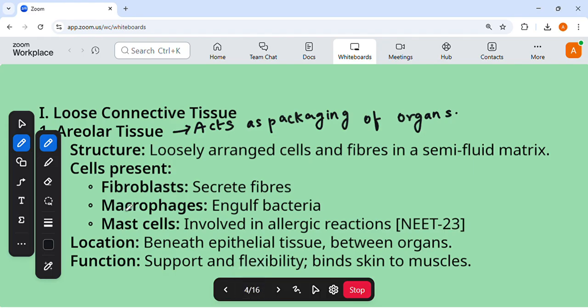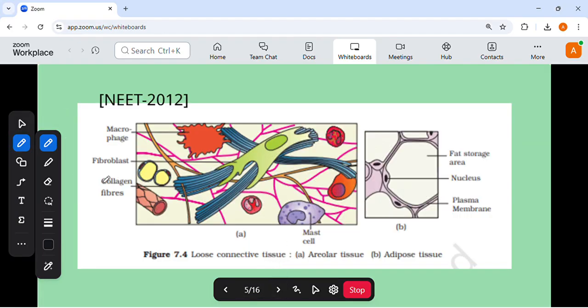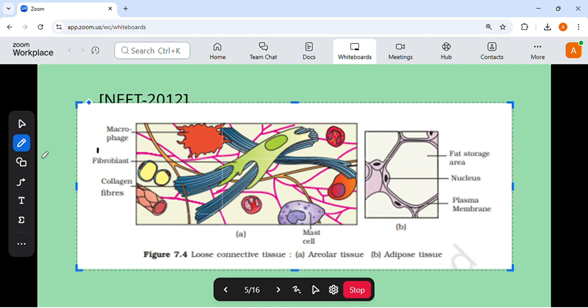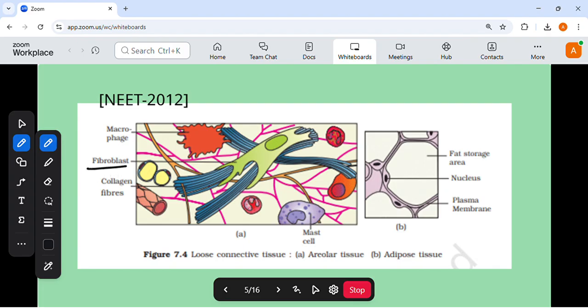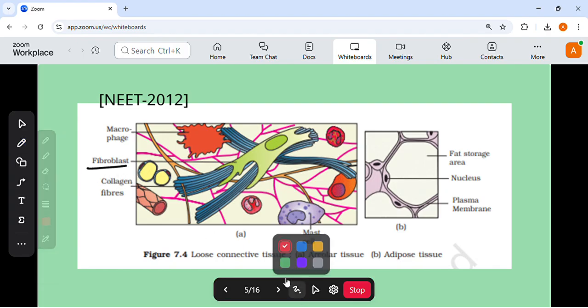Let's see, fibroblast is present which secretes the fibers. Here fibroblast, so what is it going to do? It is going to secrete the fibers.